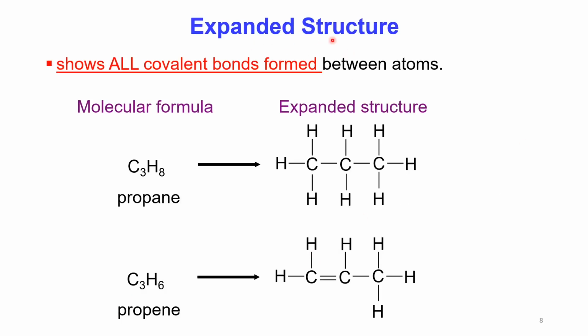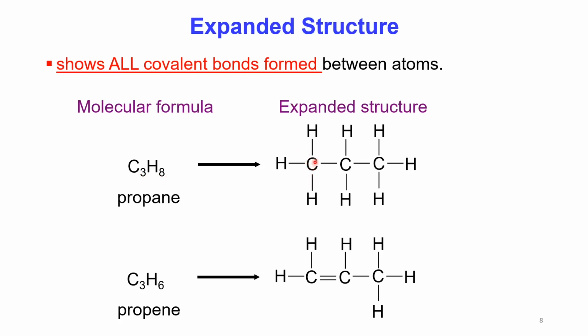Alright, so now we look at the expanded structure. What is expanded structure? Expanded structure shows all the covalent bonds formed between atoms. Now we have one example, propane. So how can we write the expanded structure? Propane consists of 3 carbon and 8 hydrogen atoms.